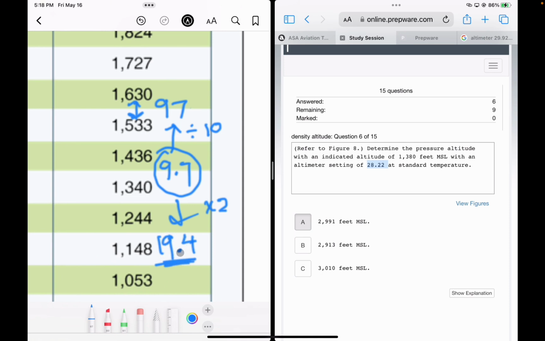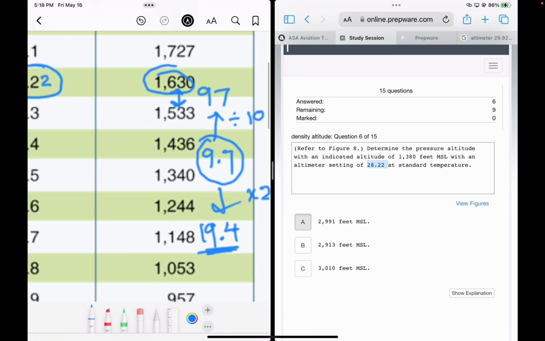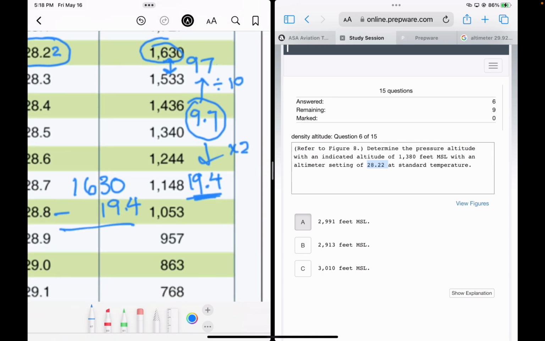What we do with this number is we take this number, 1630, and we subtract it by this, minus 19.4, equals 1630 minus 19.4, 1610.6. Okay, this is the conversion factor right here.